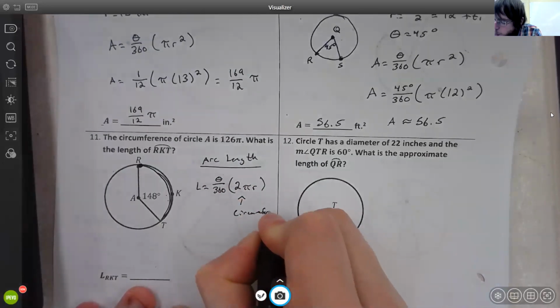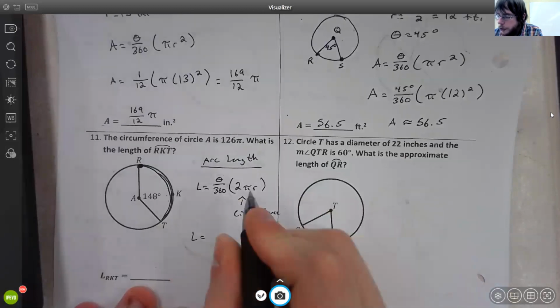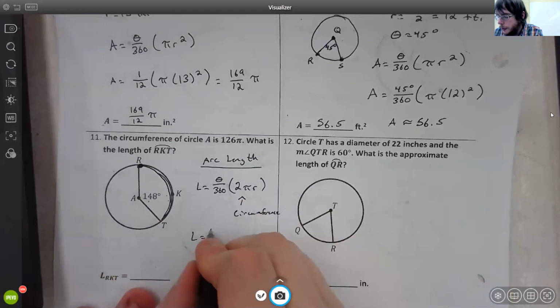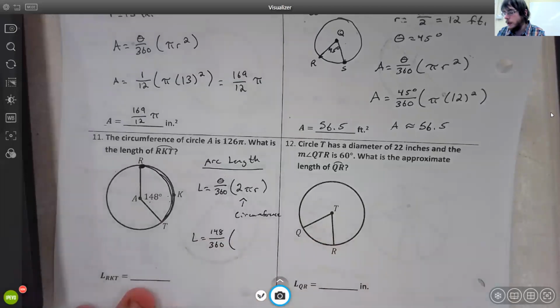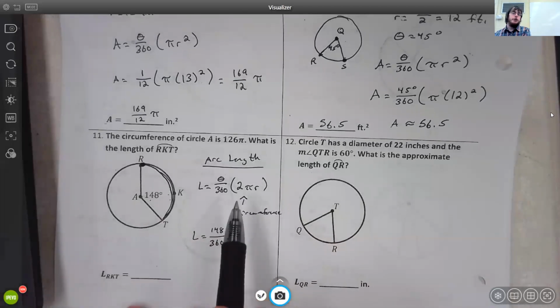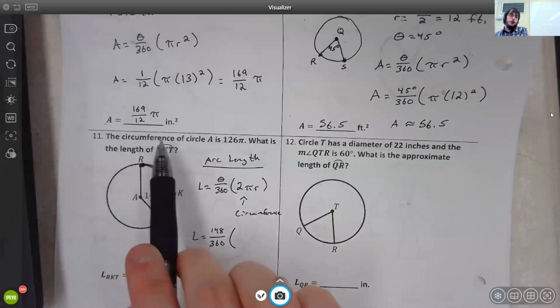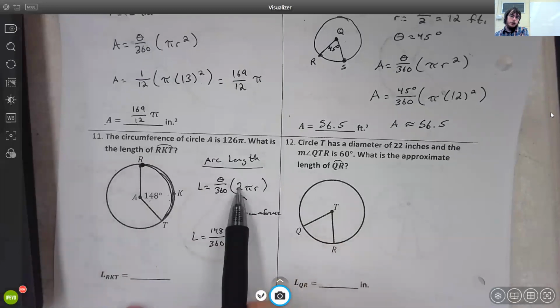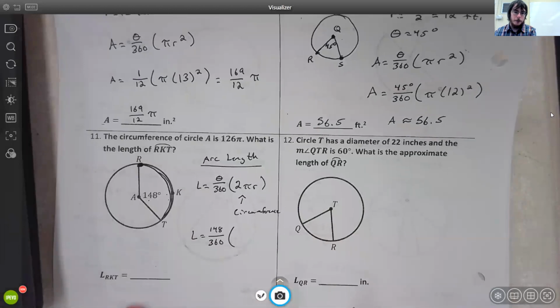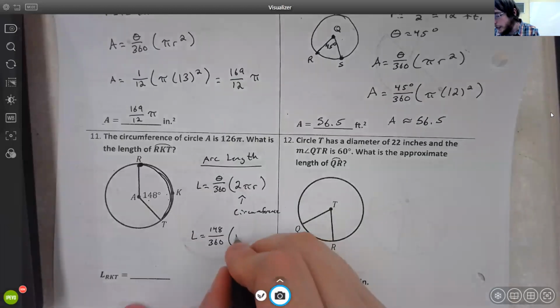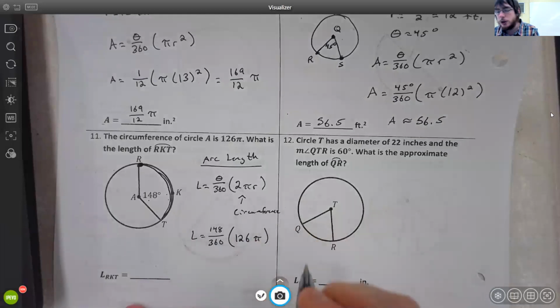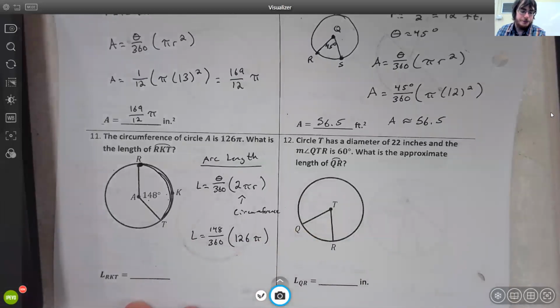So in this case, what is your theta? Well, theta should be equal to 148, and you put it over 360. Now we don't know our radius because all it gives us is the circumference. Well, 2 pi r is our circumference, so that means that 2 pi r is equal to 126 pi. So we can just throw that right in there.